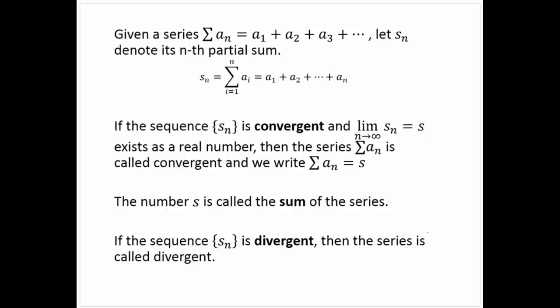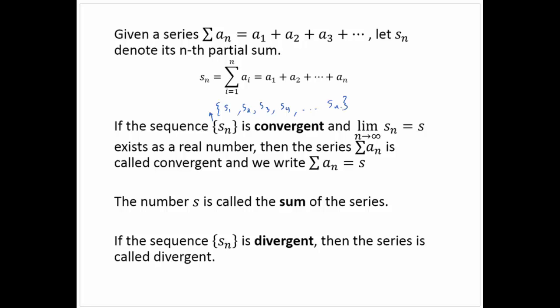If the sequence of partial sums, so if the sequence S sub n, that's S sub 1, S sub 2, S sub 3, S sub 4, through S sub n, the first sum, the second sum, the third sum, up through the nth sum, is convergent, and the limit as n approaches infinity of that sequence is some number s and exists as a real number, then we say that the series sigma a sub n is called convergent, and we write sigma a sub n equals s.